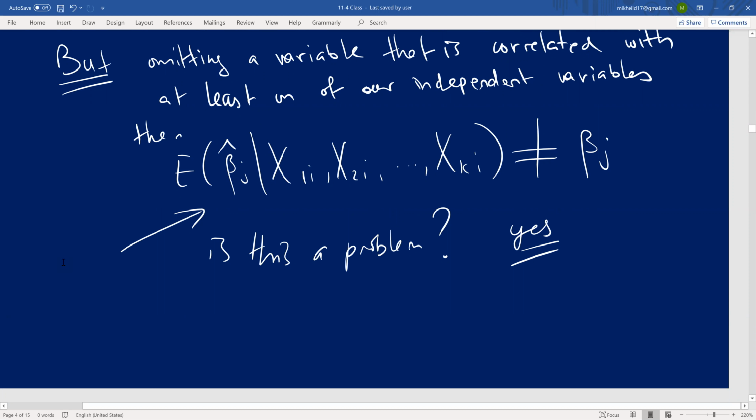This is in words, but before I gave you guys a very simple formal derivation of this omitted variable bias, and please take a look at it.